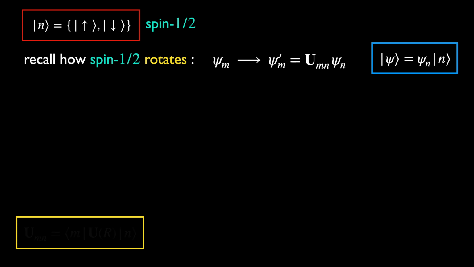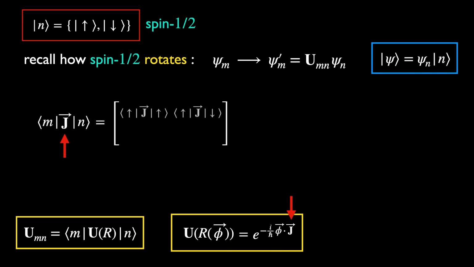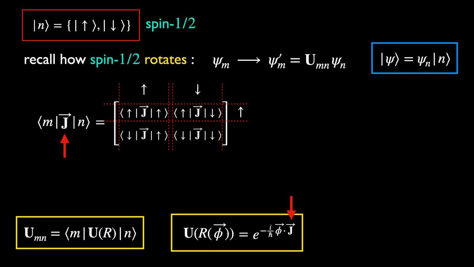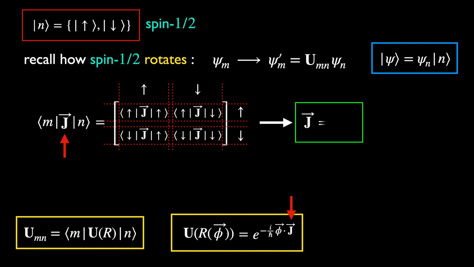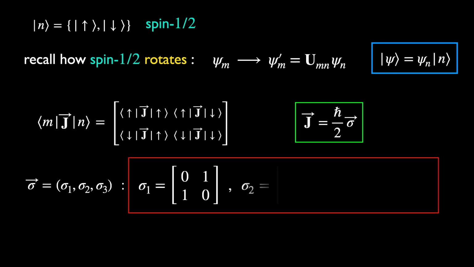To calculate the matrices that rotate spin-half components, we will need the matrices of angular momentum J. The rows and columns of these 2x2 matrices are indexed according to this convention. These are just h bar over 2 times the Pauli matrices. We have covered these in lecture 20.